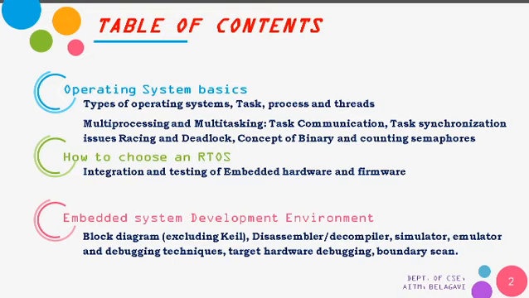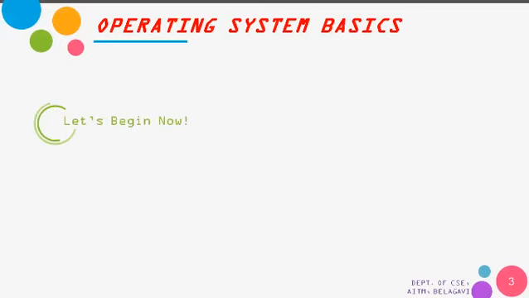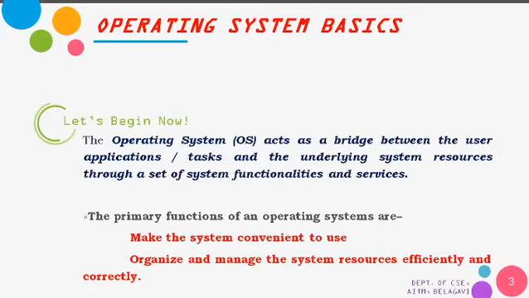So first we'll deal with the operating system. So first we need to understand what is an operating system. Usually the operating system will act as a bridge between the user application and the underlying system resources through a set of system functionalities and services here. For example, Android, Windows, Linux are examples of operating systems. Right now you may be using Android phones, in which Android acts as the operating system, right?